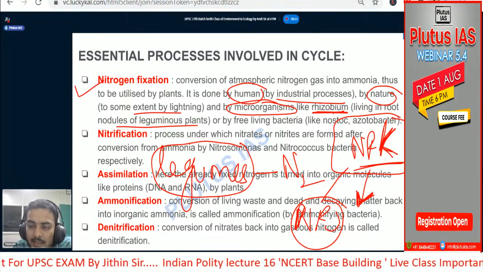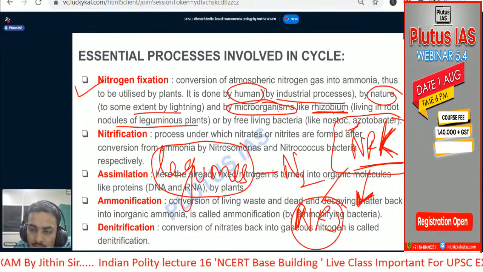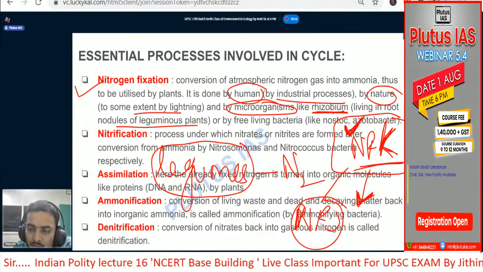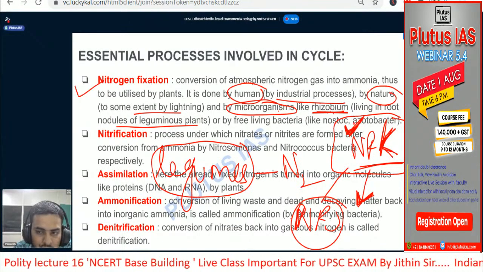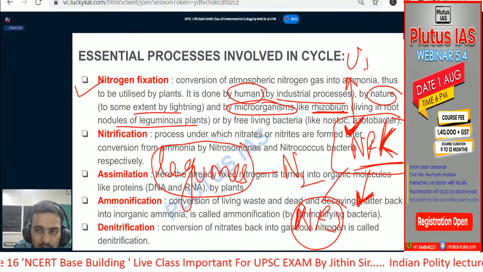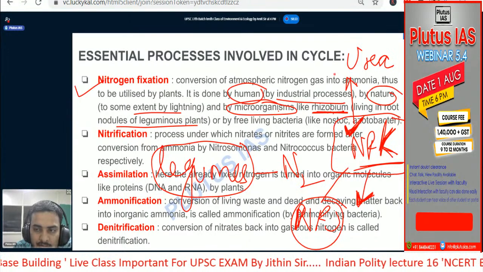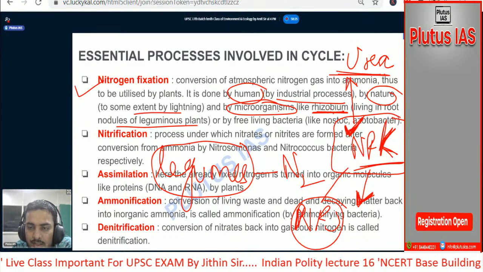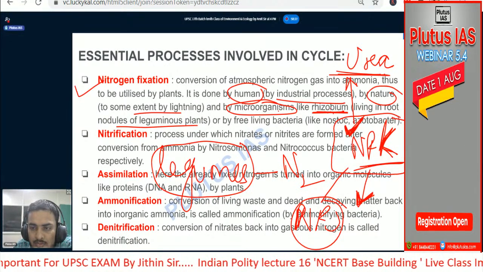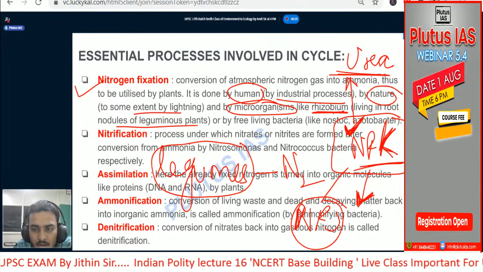In this NPK, the main source of nitrogen is urea, right? Farmers are using urea. Why are they using this urea or this nitrogen?